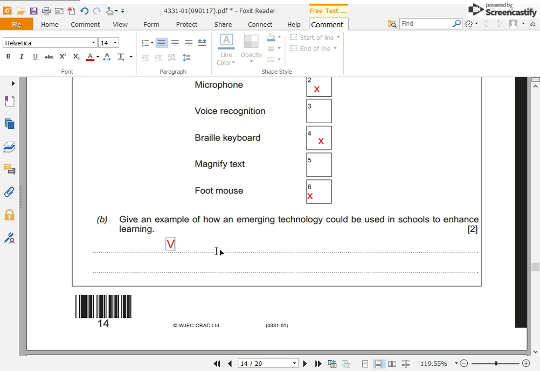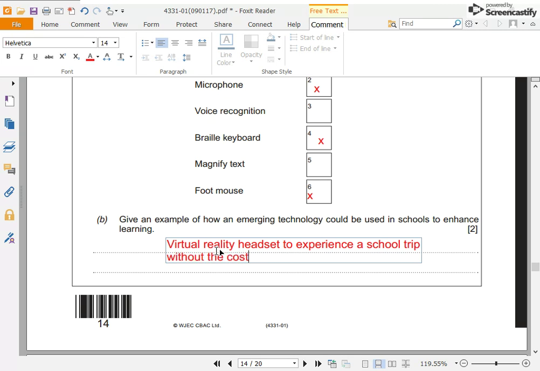So virtual reality headset to experience a school trip without the cost of leaving the building.